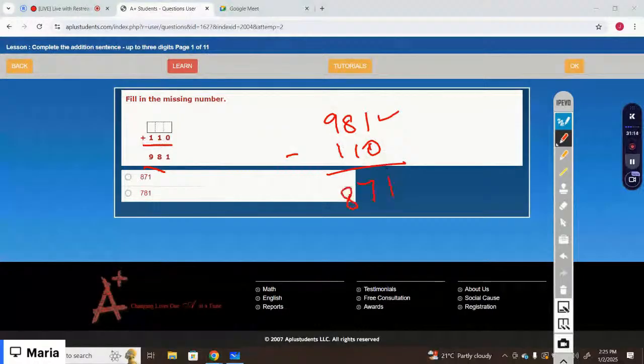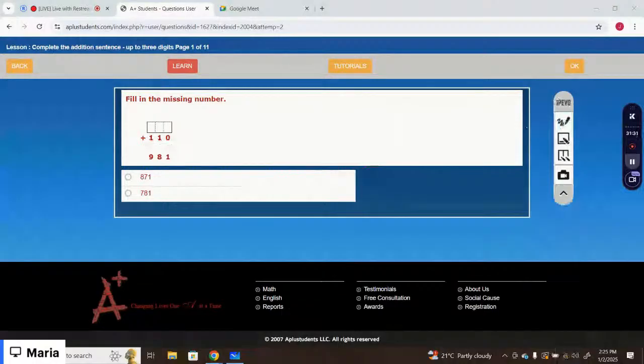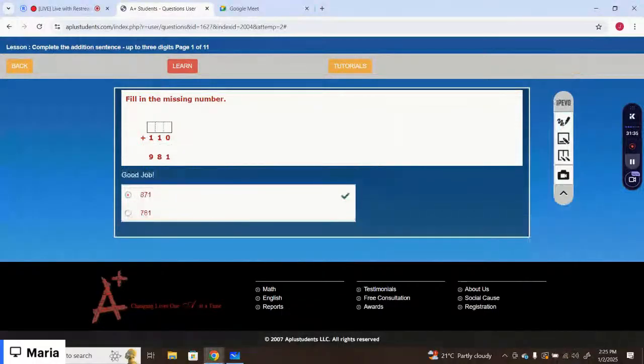That is 871. The correct option is 871. Option number 1 is the correct option.